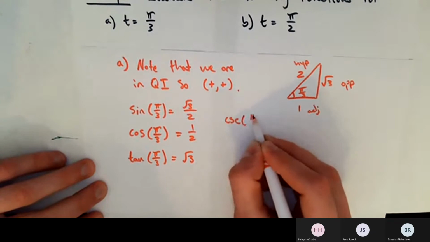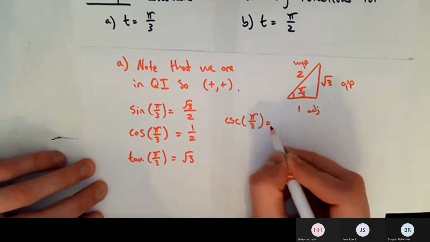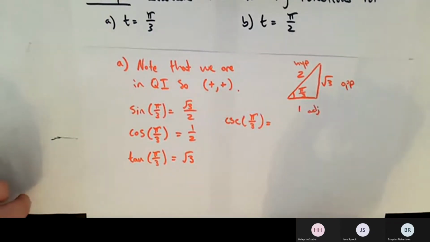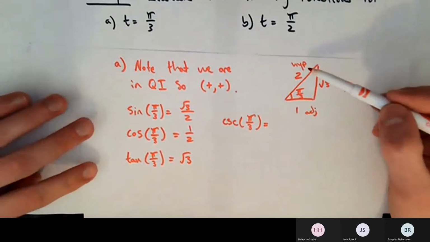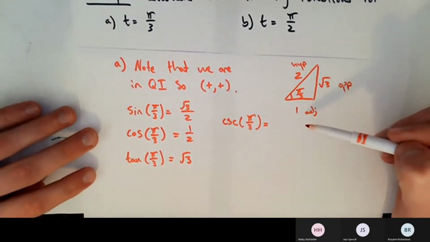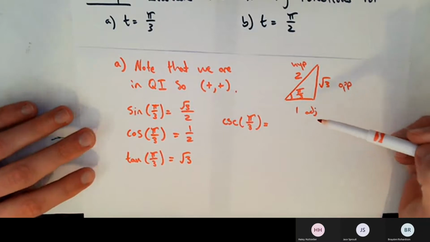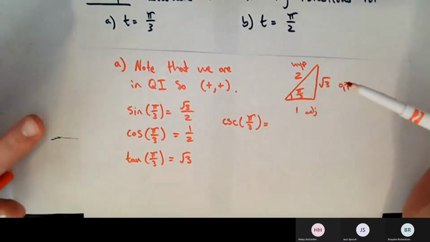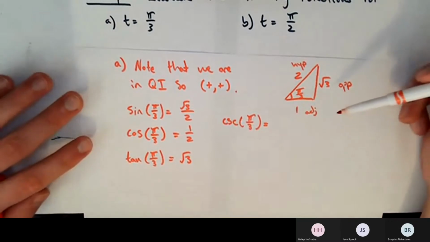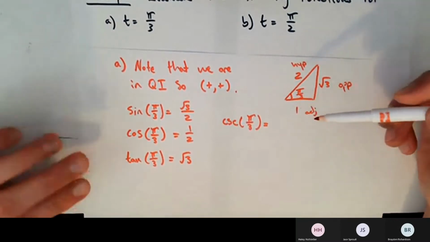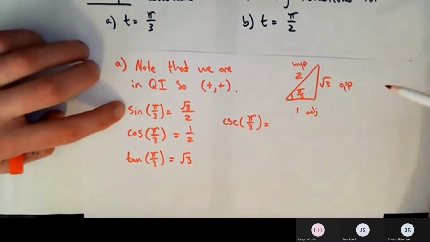Cosecant of pi on 3 is supposed to be hypotenuse over adjacent. No, hang on. I'm having a brain fart. Cosecant is hypotenuse over opposite, which should be the reciprocal of sine, right?